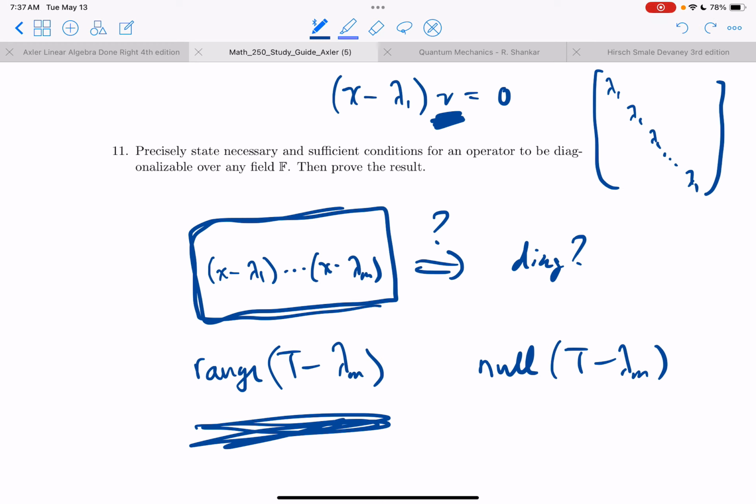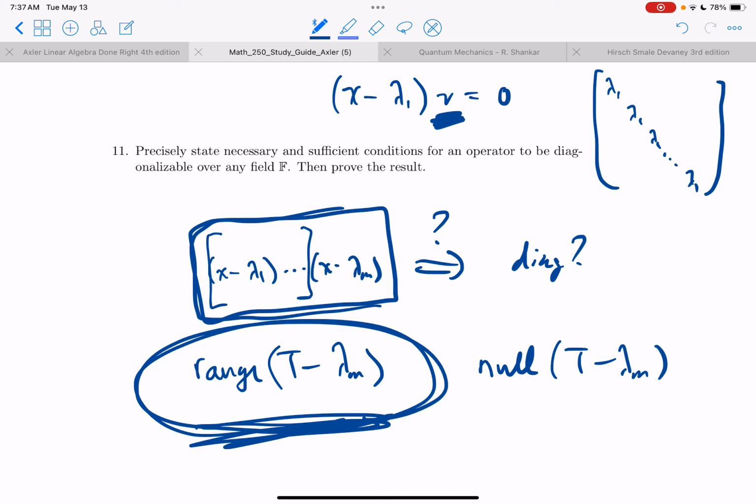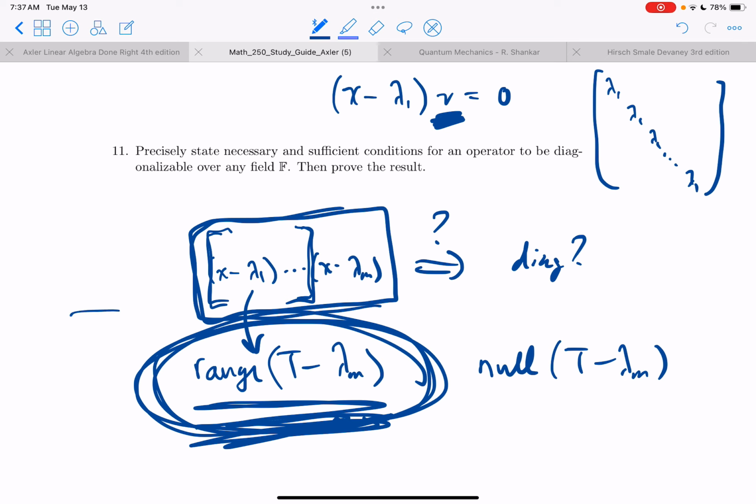Then we use induction on the number of distinct factors here. What we're going to do is look here, and we'll see that actually you only need m minus 1 distinct factors to annihilate anything in this space, because this thing annihilated anything in the whole space. So on this invariant subspace, just the first m minus 1 terms work, and so by induction t restricted to this subspace range is diagonalizable.